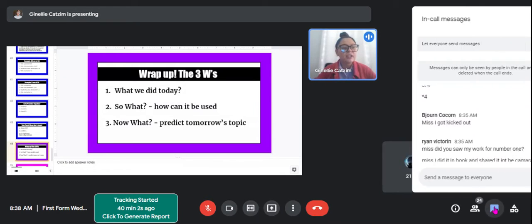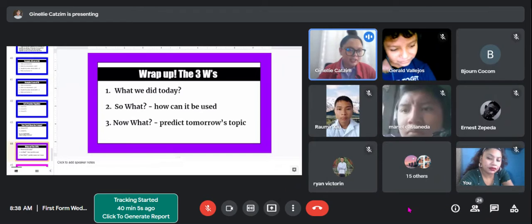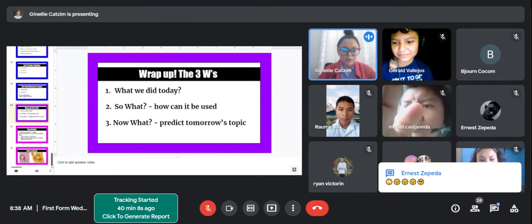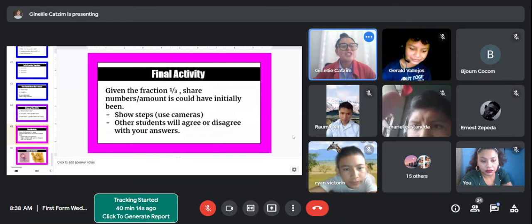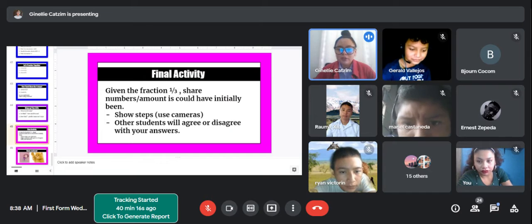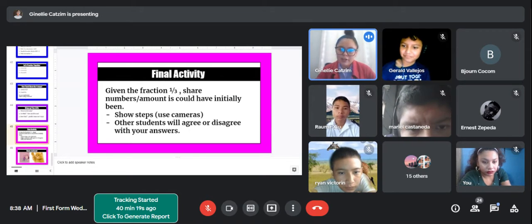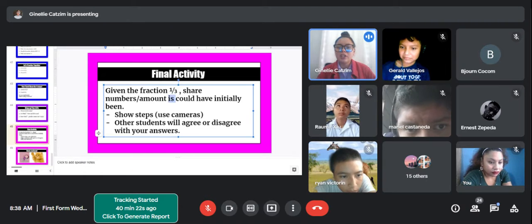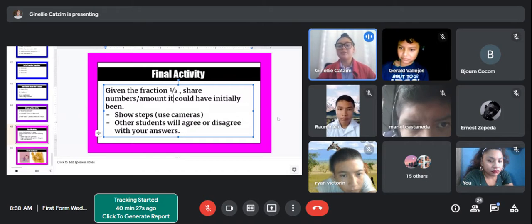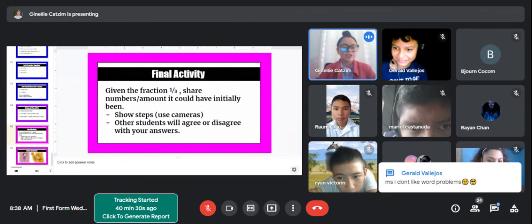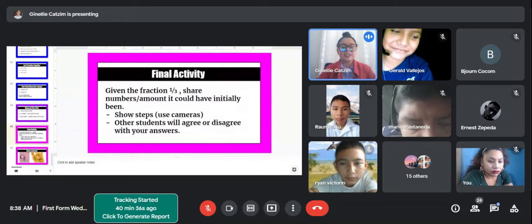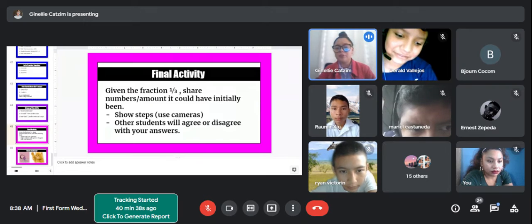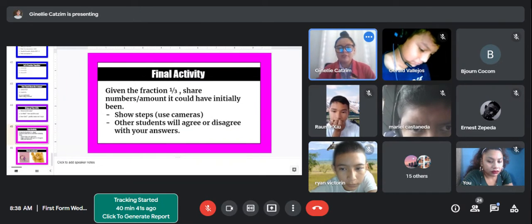So very good, Gerald. So our last activity will be: given the fraction 1/3, share numbers or amounts it could have initially been. For example, I could say that initially this was 1/3, and I just put it as a fraction, and I got the number.